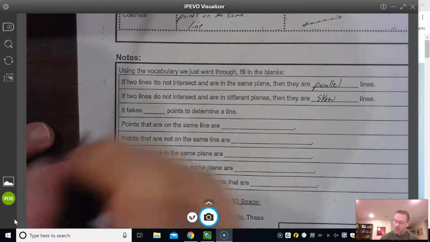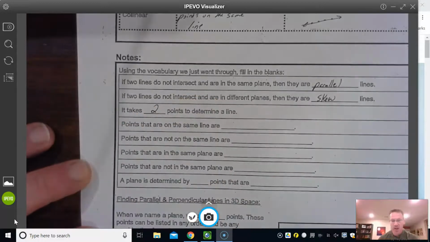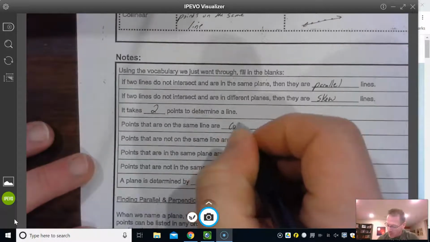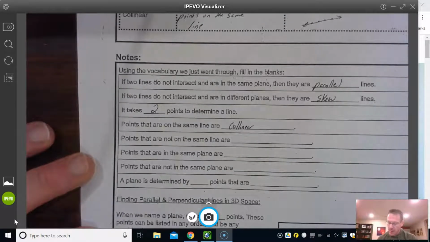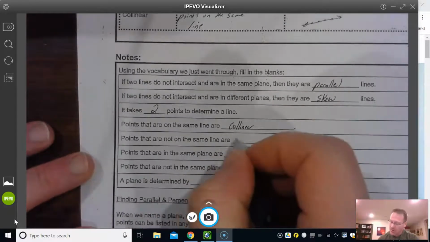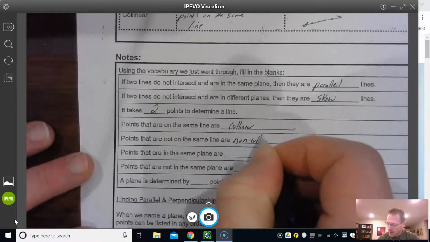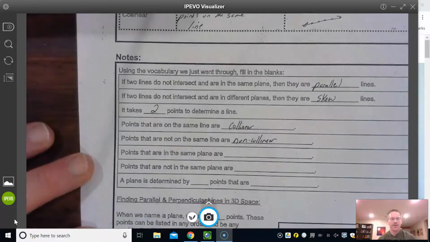Now, it takes 2 points to determine a line. Points that are on the same line, like we said before, are collinear. Points that are not on the same line are non-collinear. Makes sense, right?